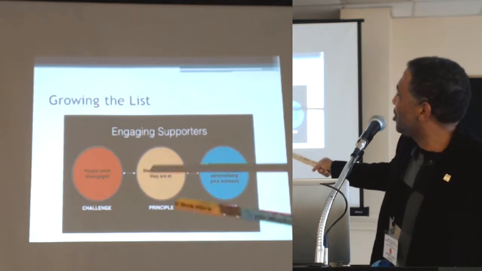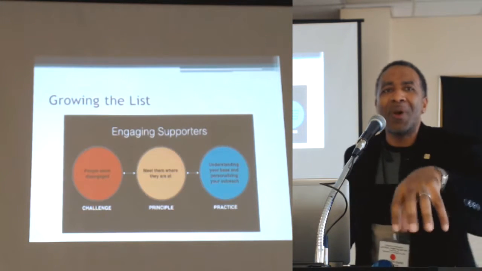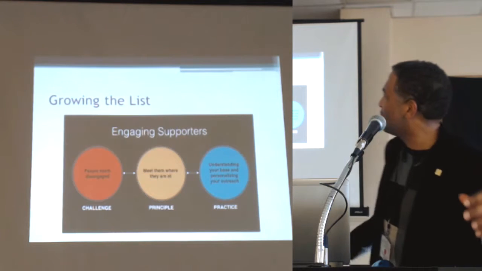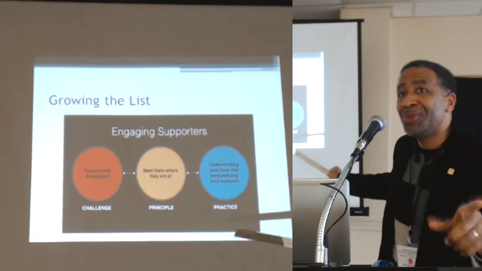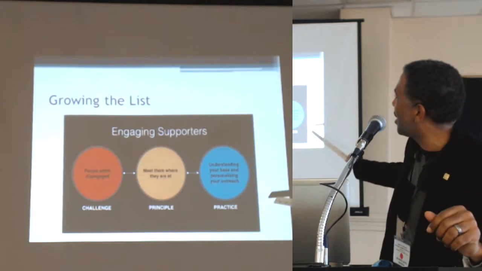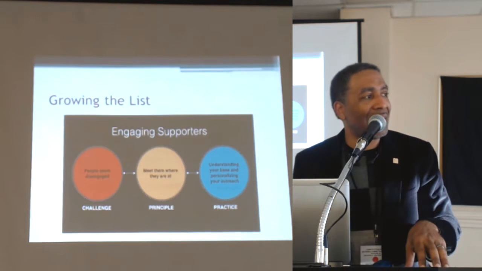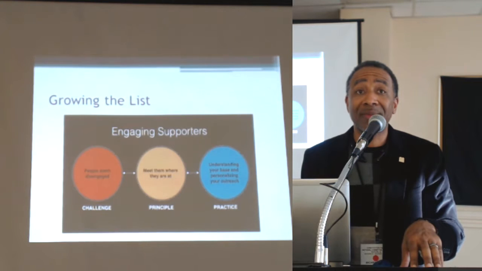So what we have to do is meet them where they are at. I know we've been talking about this earlier, but we've got to meet them where they're at. And to do so, again to the demographics, we have to understand our base and personalize our outreach.